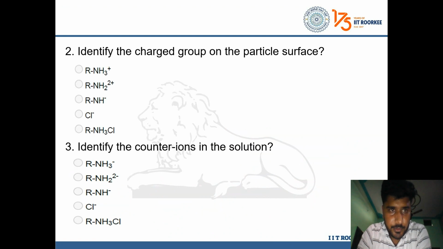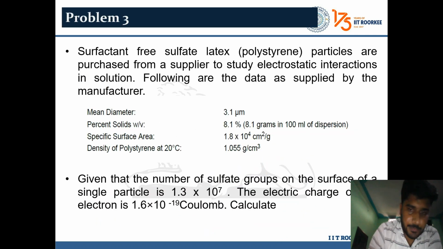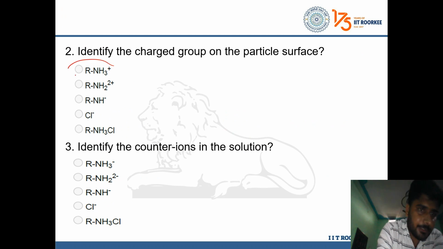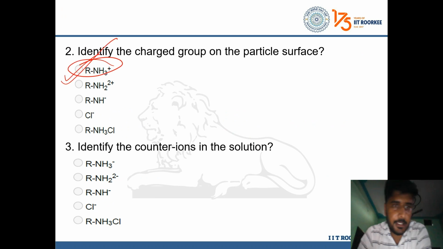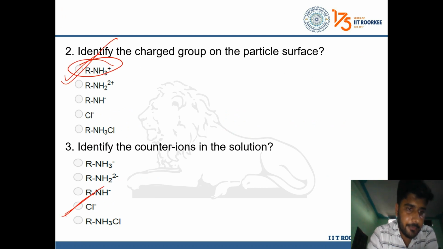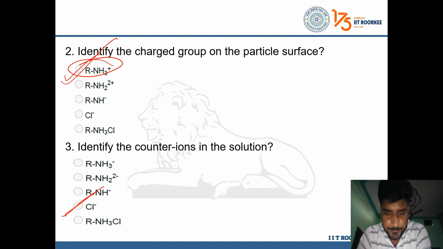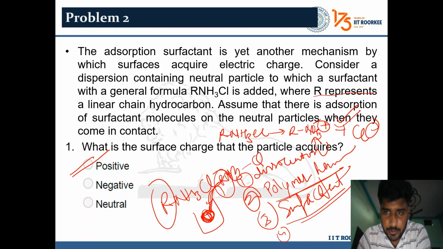The next question is to identify the charged group. RNH3 positive will be the charged group on the particle surface, and the counter ion will be Cl negative. So these are the questions, and you have to identify the counter ions and how the charge is generated on the colloidal particle surface. It is similar to what I discussed in problem one.